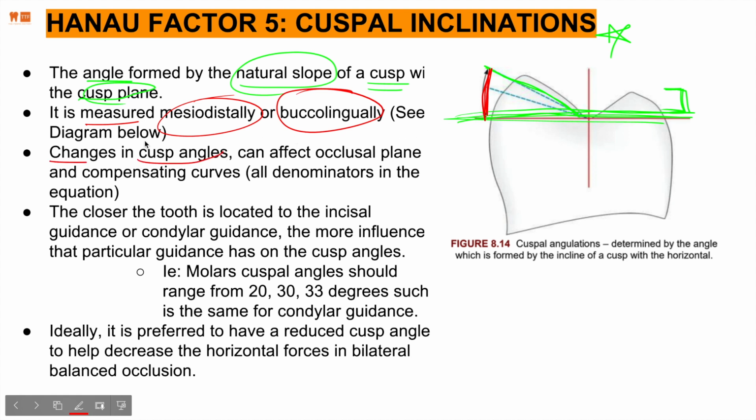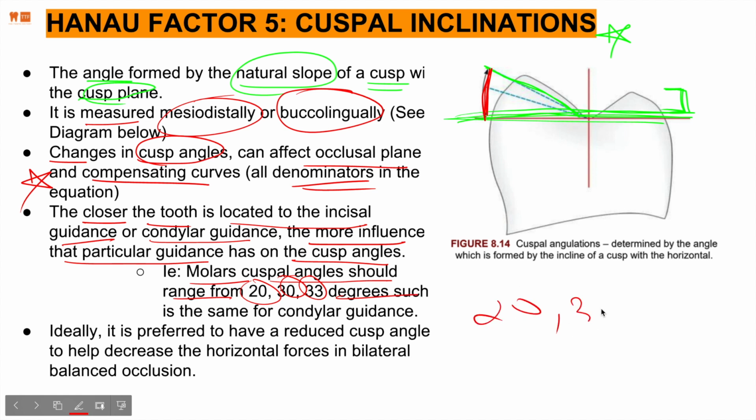The changes in the cuspal angles will affect the occlusal plane and the compensating curves, all the denominators in the equation. Remember, guys? Well, the closer the tooth is located to the incisal guidance or condylar guidance, the more influence that particular guidance has on the cuspal angle. Molars' cuspal angles should range from 20, 30, or 33 degrees.